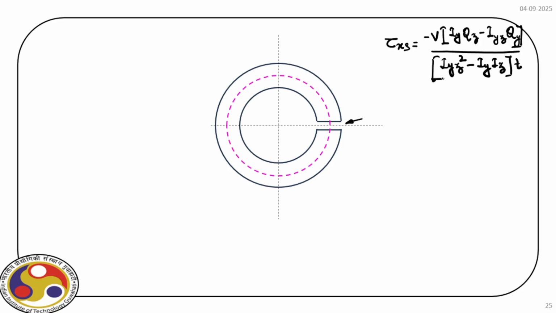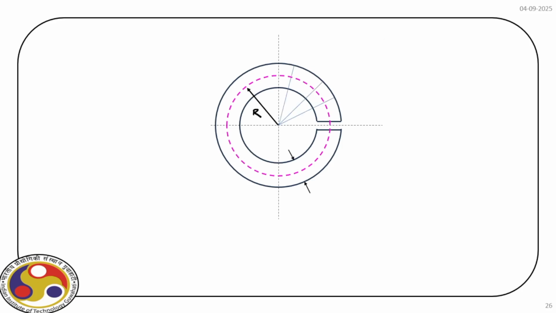Right. This is a generic expression and true for any arbitrary section. Where it comes from, if you recall, is that we first identify the unbalanced force, and that is balanced by the shear stress developed at the section level, and that's how we derive this expression, right? Now, the thickness of this beam is, say, t, and the radius is R, right?